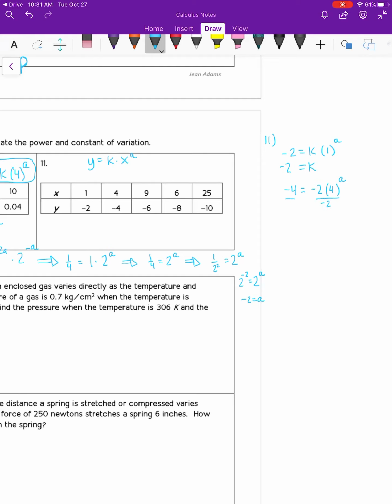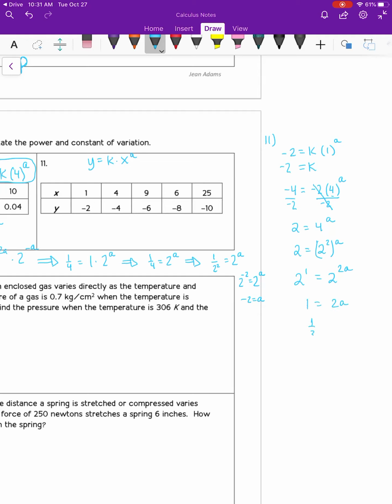So the first thing you want to do is divide by -2 because you want to isolate 4 to the a. So that will go away. This will be 2 equals 4 to the a. And so I'm going to make my 4 2 squared, just like we did before. So 2 to the 1 equals 2 to the 2a.